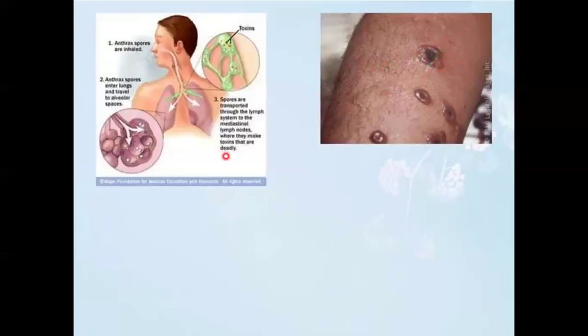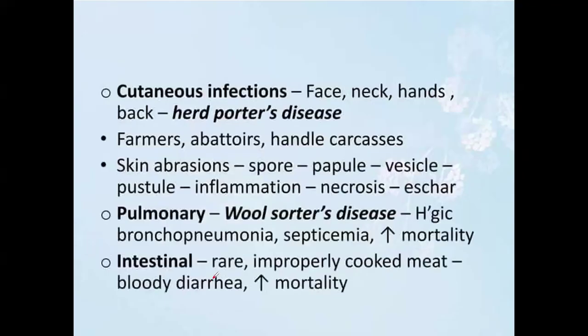Let me draw for you guys. Here is the black part, which is the black eschar. And then this part that I've highlighted, the part surrounding that necrotic tissue, the reason for that is the edema factor. Can you see? The surrounding area around that black part is because of the edema factor. Okay?